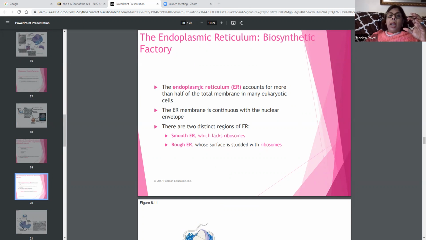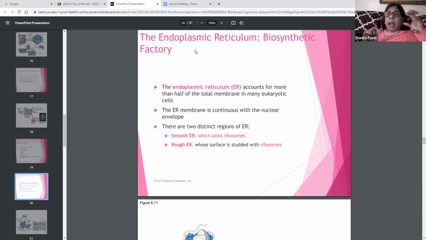And endoplasmic reticulum is of two types, rough ER or smooth ER. Now, why would it be referred to as rough ER? Because ribosomes are present on the outer surface, making it rough. And I want you to connect these words when you are studying.